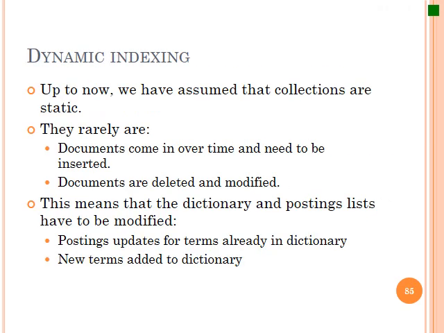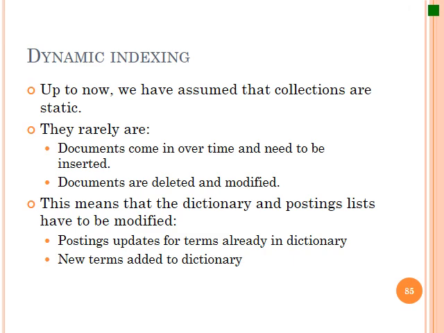So far, we've been assuming that the document collections are fixed and static. But in reality, documents do change over time. There are new documents that need to be inserted, and some documents need to be modified or deleted. This means that at the same time, the dictionary as well as the posting lists need to be modified.